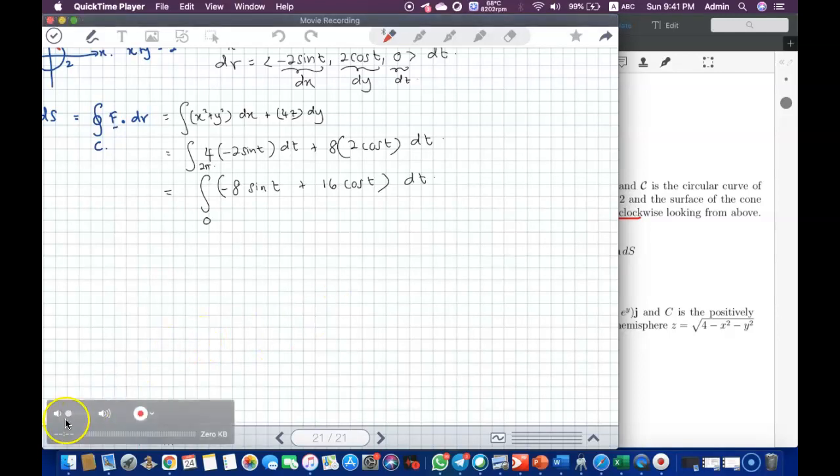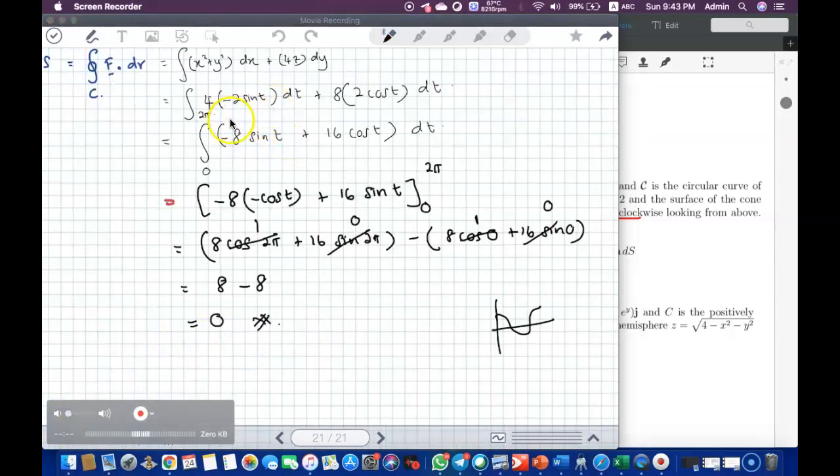So now we want to compute. Okay, so when you compute that, we have minus 8 sine t plus 16 cos t. When we integrate, sine you got minus cos, cos you got sine, and then you simplify, you got 8 cos t plus 16 sine t, and replace the limit, and finally we obtain this one.